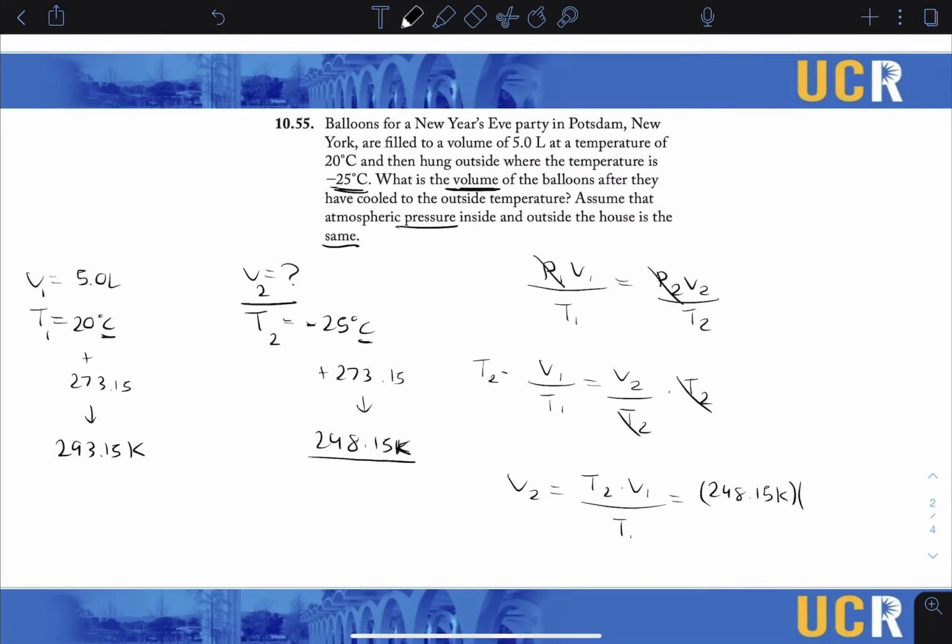Our volume is going to be 5 liters. And then our T1 is going to be 293.15 Kelvin. And the Kelvins cancel. And if you do this calculation out, you're going to get a value of 4.2 liters, which is the correct answer.